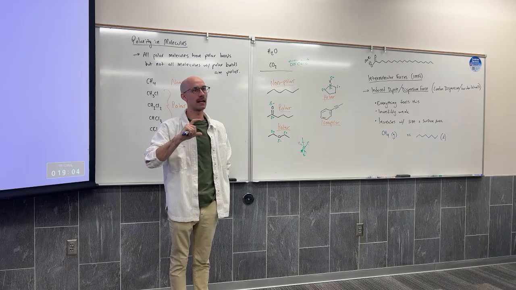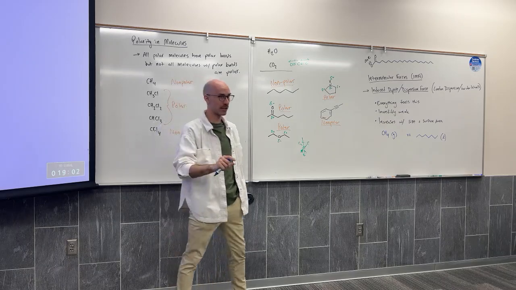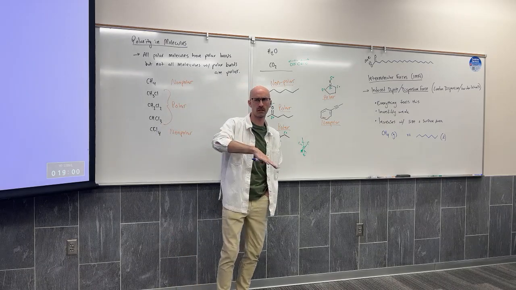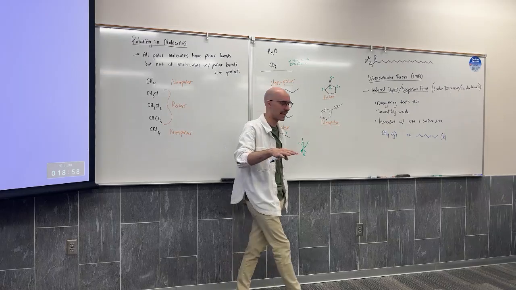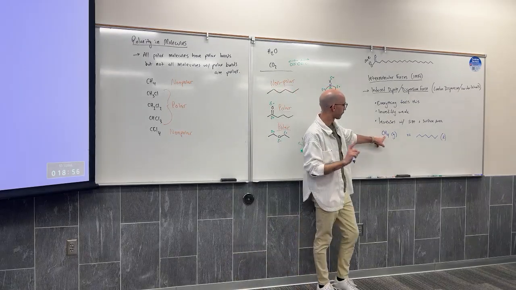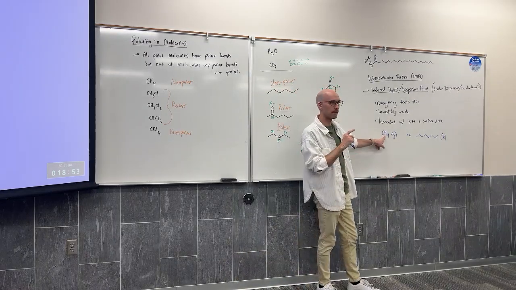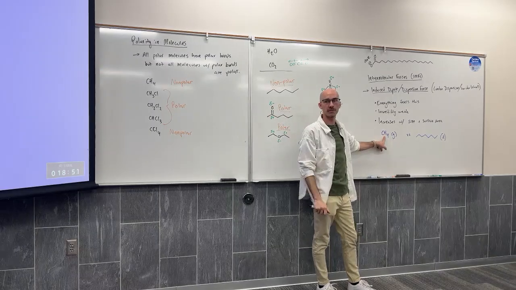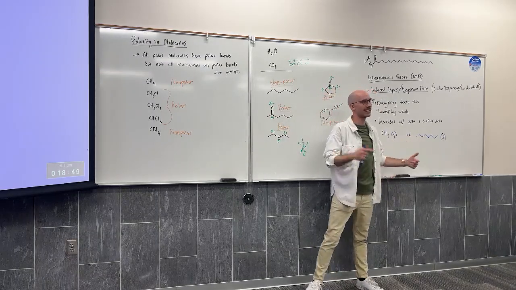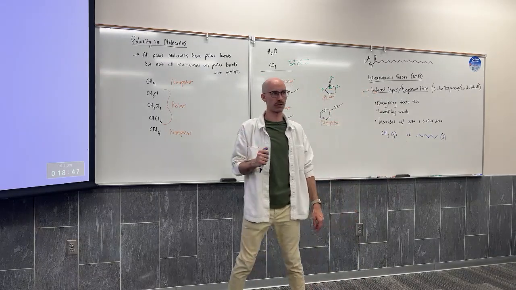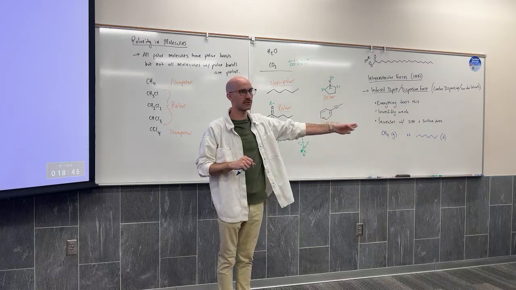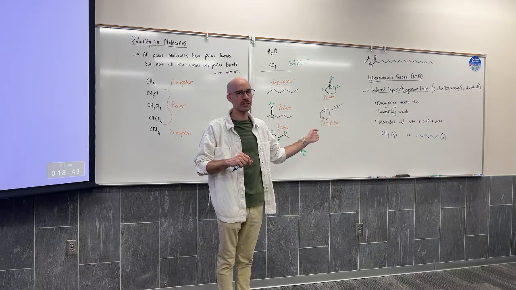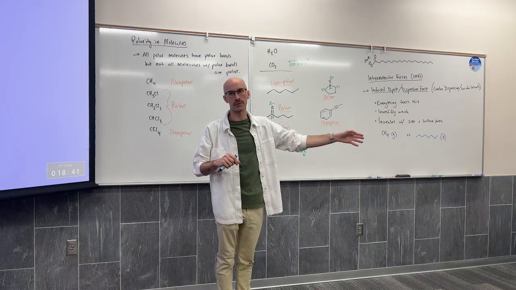And so at the same amount of kinetic energy, at room temperature, everything has the same amount of kinetic energy, methane can overcome the dispersion force. Octane cannot overcome the dispersion force. So that's how it increases with size, which is also increasing with surface area.